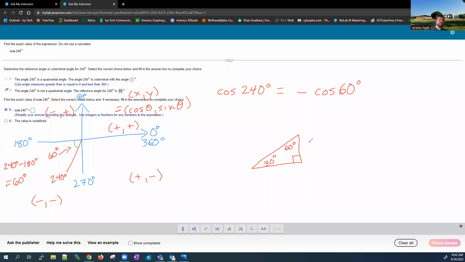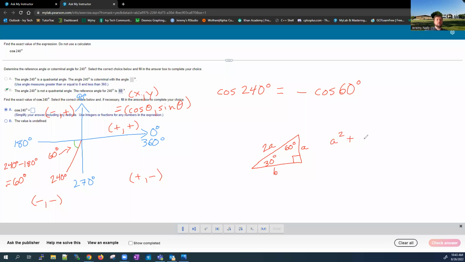And then there's a special relationship between the sides. So let's see, what do I want to call this? So if I say this is A, then the side opposite the 30 degrees, if I say that's A, then the hypotenuse is 2 times A. And then the side opposite the 60 degrees, you don't have to memorize because you can use the Pythagorean theorem.